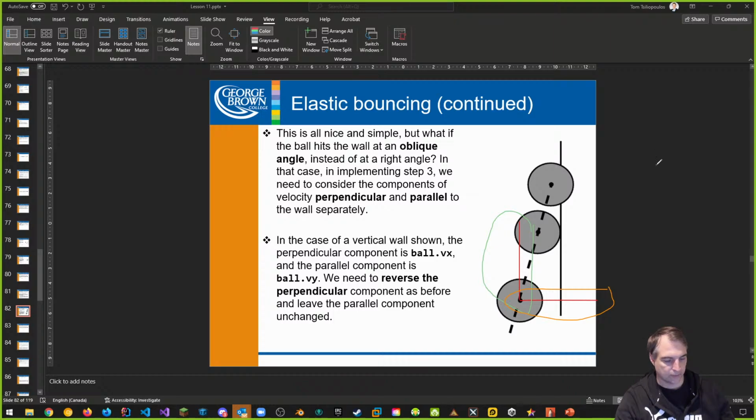It goes the other way, which means that if I'm going, then once I bounce, I need to reposition myself and then go this way. I think you get the picture though. That means it's going to go this way, okay?